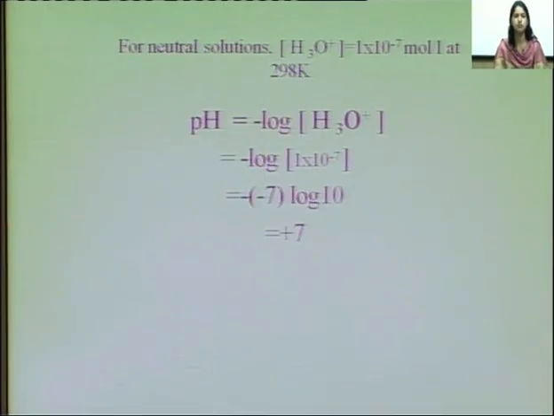Applying this formula, pH is equal to negative log of hydronium ion concentration, which is negative log of 1 into 10 raised to power minus 7. Solving this, taking the power to the front, that is negative into negative 7 log of 10, the answer is 7. So, I have derived that the pH of a neutral solution is taken to be 7.